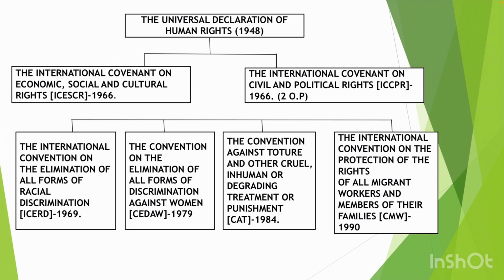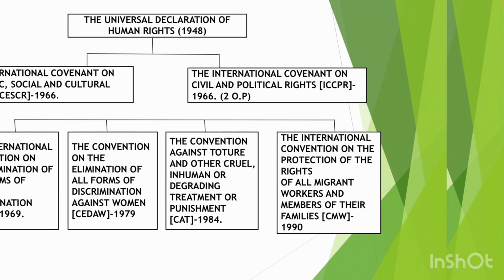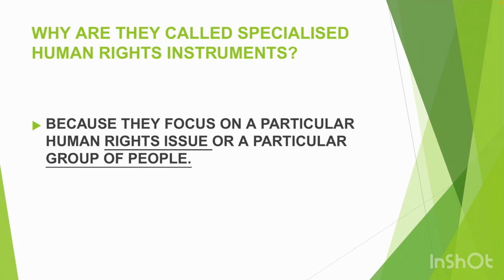So in this video, we're now going to focus on the specialized human rights instruments. Why are they called specialized? This is because they focus on a particular human rights issue or a particular group of people. This topic is very important and at the same time it's tricky.